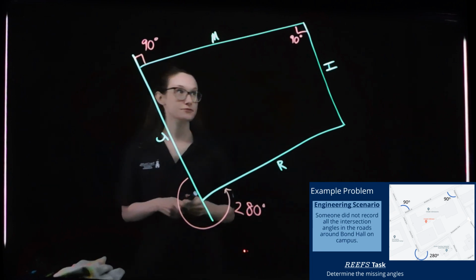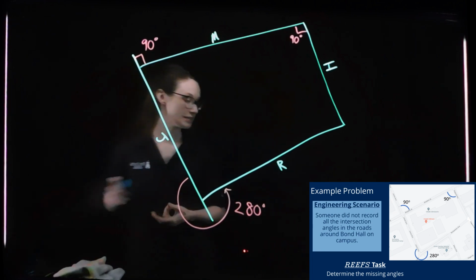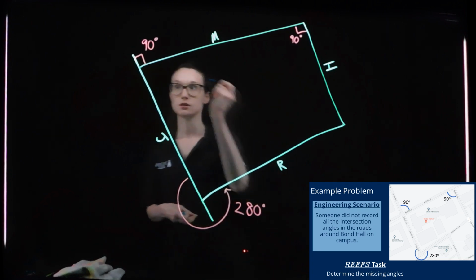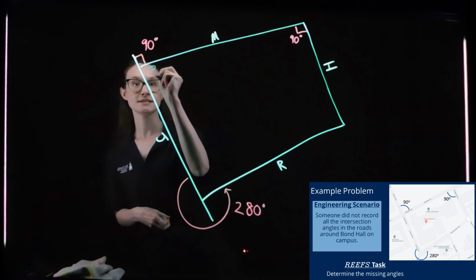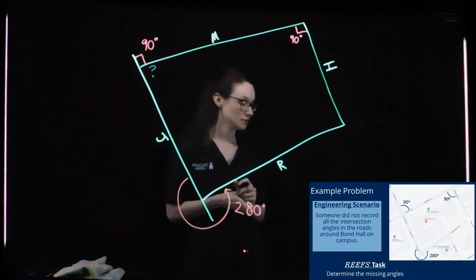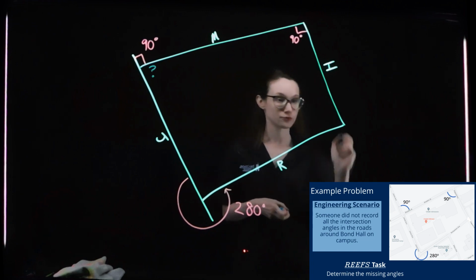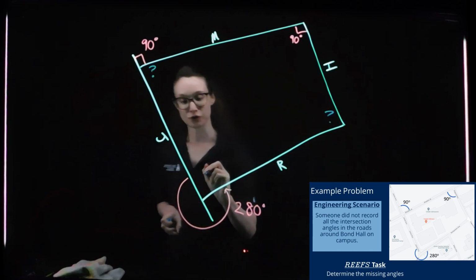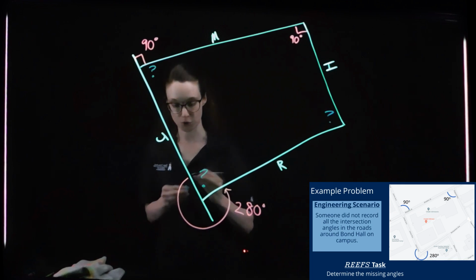What we are trying to find, we have a couple of interior angles that we need to find. We need to know what is the unknown angle between Jones and Moultrie, between Richardson and Haygood, and then between Richardson and Jones.